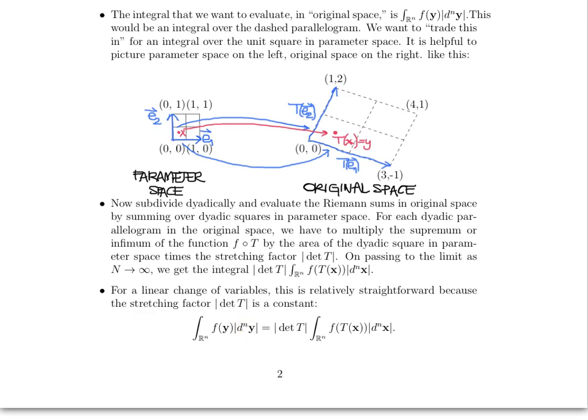Since T maps from the parameter space to the original space, what we end up needing to do is multiply our entire integrand by the absolute value of the determinant of T, because as you guys proved last week, the absolute value of the determinant of T is the volume stretching or scaling factor represented by the linear transformation T and how it affects the unit cube or unit square in this instance.